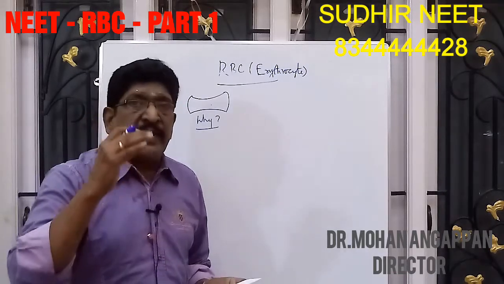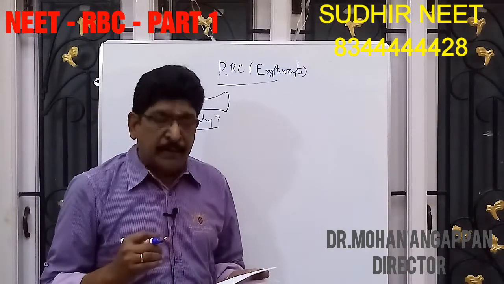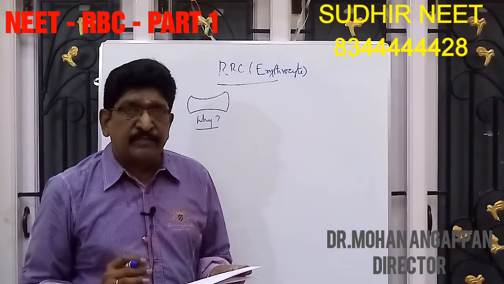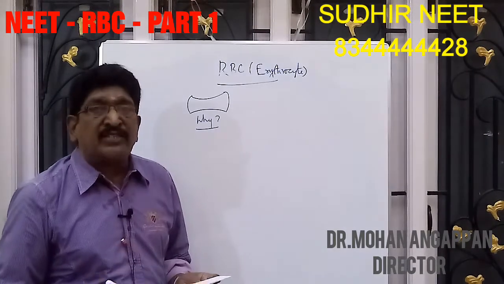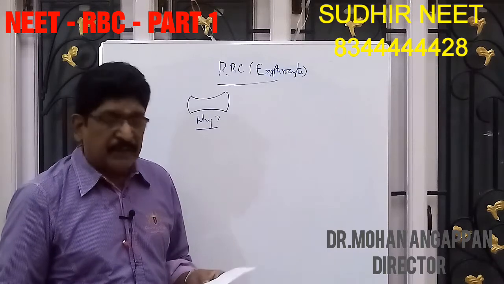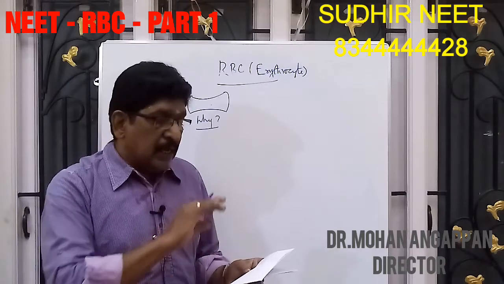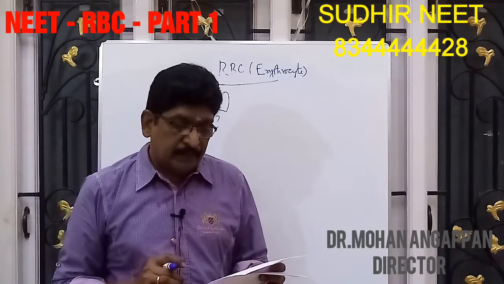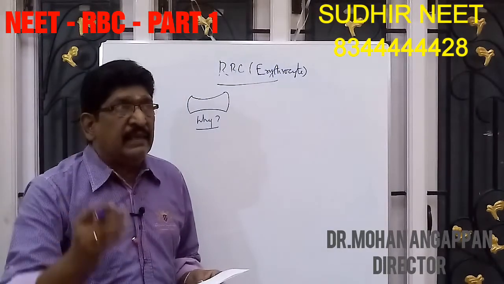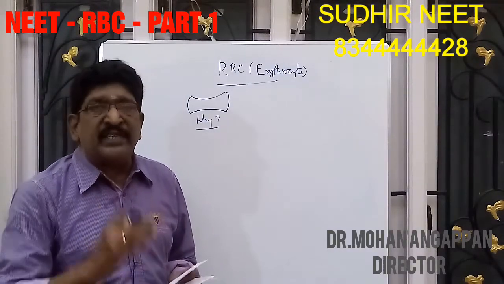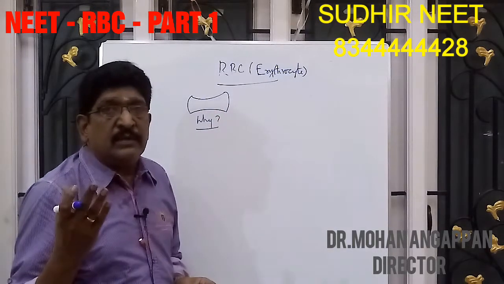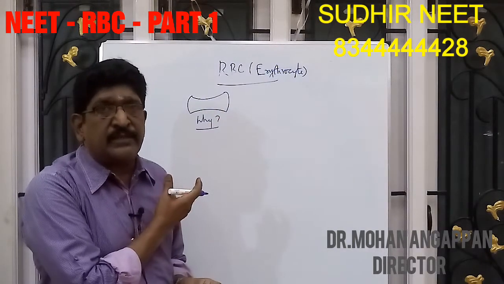Number 2, it gains more surface area so that it can carry more oxygen, more area for oxygen carrying capacity. And third, it gives a uniform distribution of hemoglobin, which helps in the gas exchange. So for these 3 reasons, the shape is biconcave.